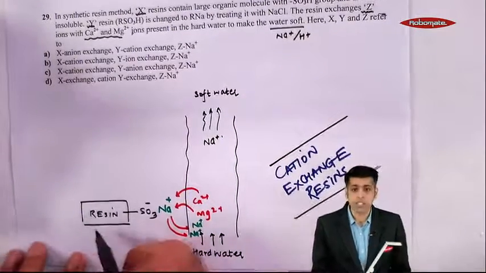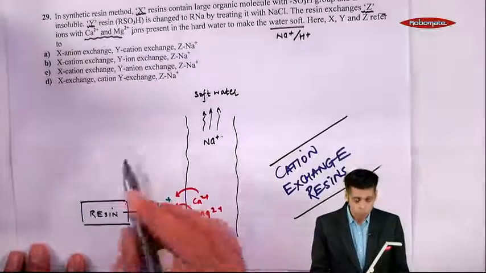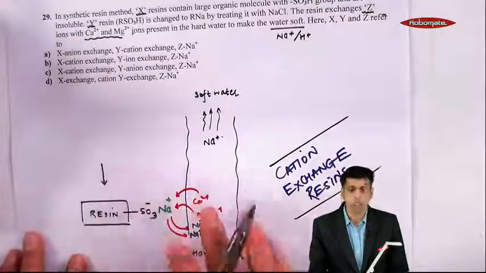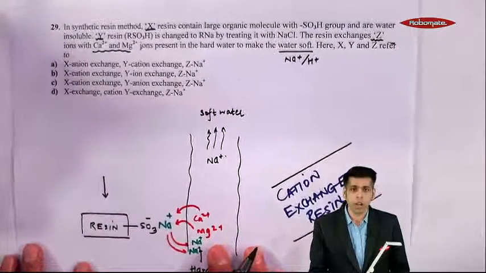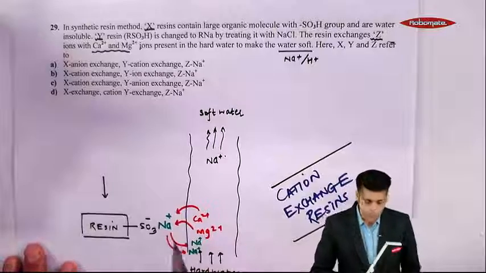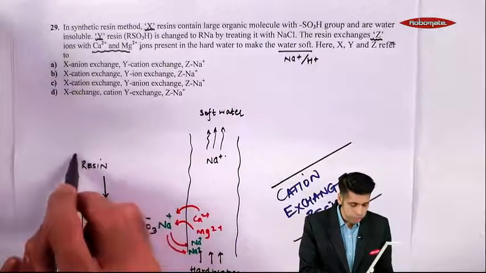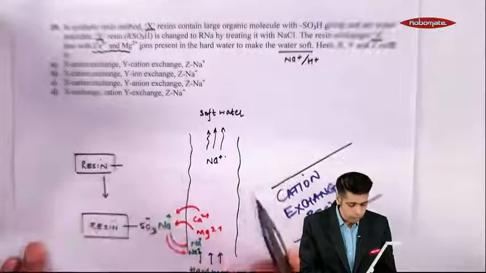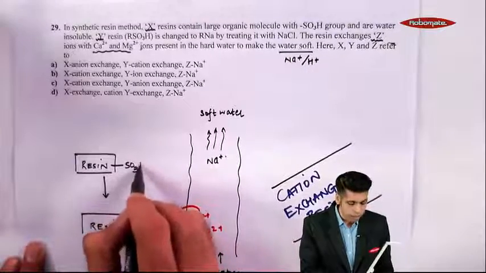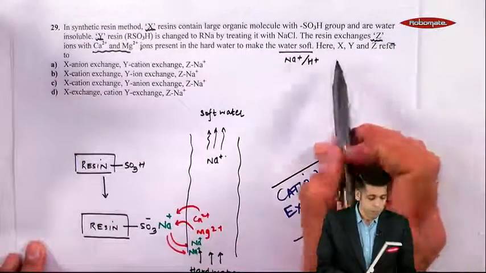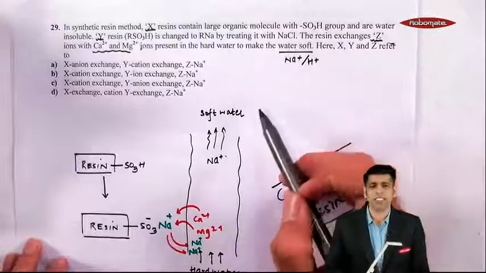Students, this resin which was SO3Na was actually formed from, if you could now understand from the question students, this resin which initially was having the SO3H group, if you could see in the first line.